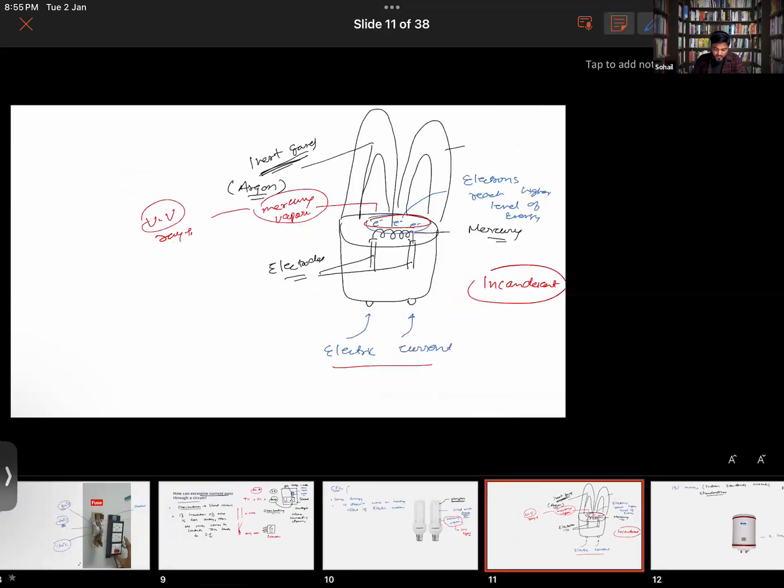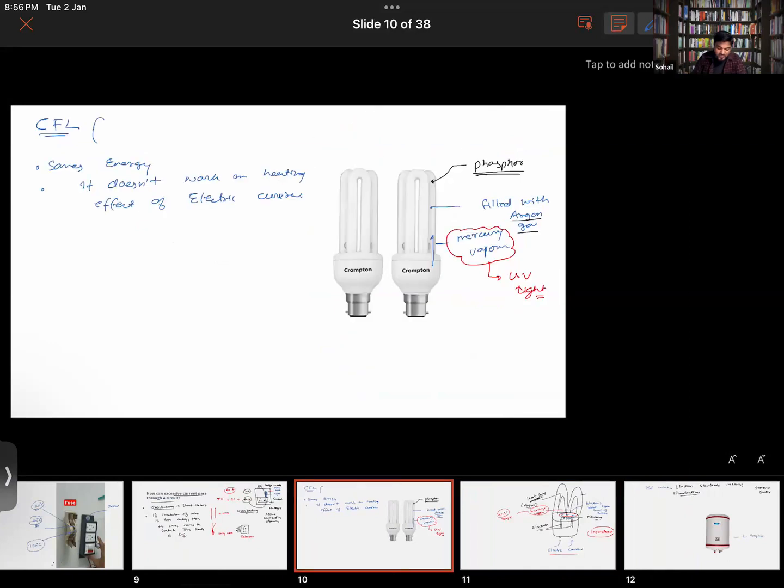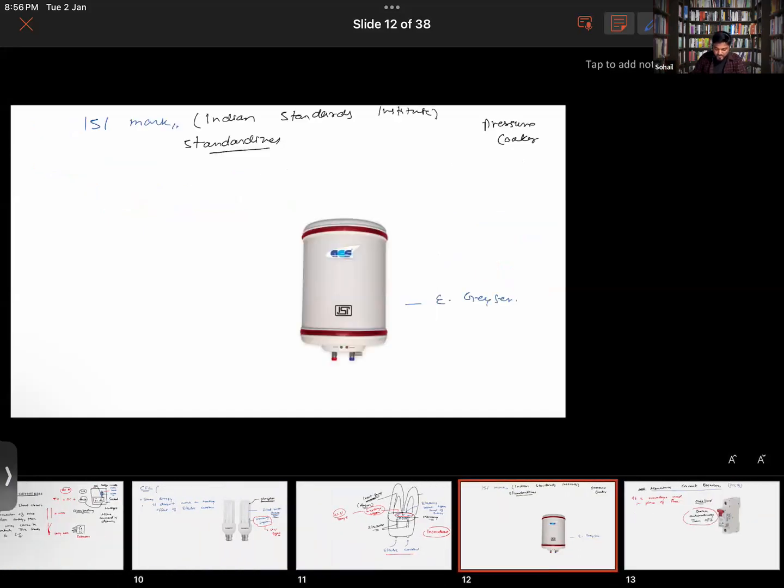Mercury vapors were coming out of this structure, and in the inner lining there's a coating of phosphor, and that was helping to reflect the heat into the surrounding. So like that, it is functioning.